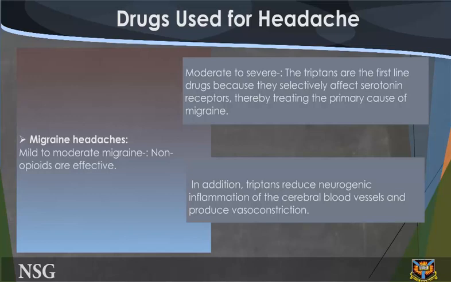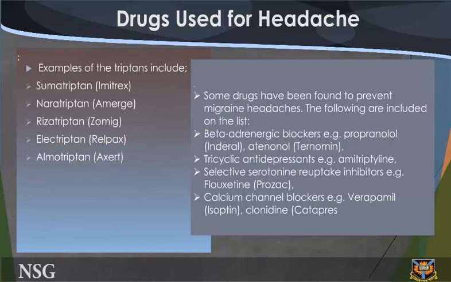In addition, triptans reduce neurogenic inflammation of the cerebral blood vessels and produce vasoconstriction. Examples of the triptans include sumatriptan, Imitrex, naratriptan, Amerge, rizatriptan, Zomig, eletriptan, Relpax, almotriptan, Axert.